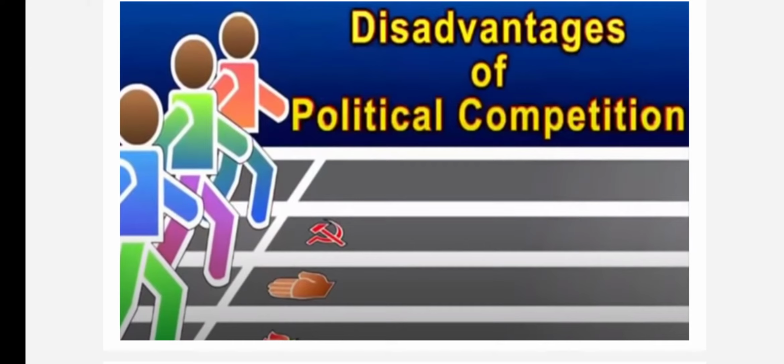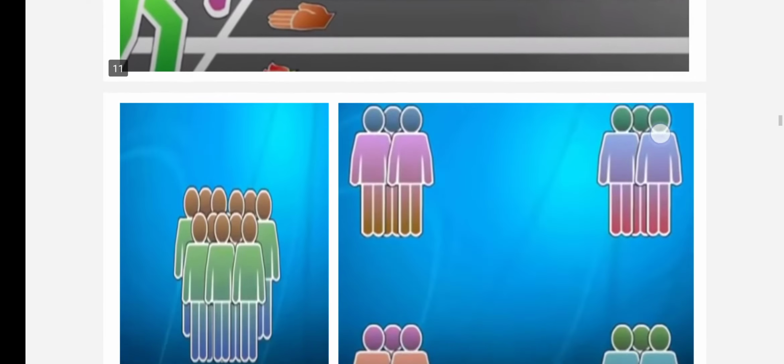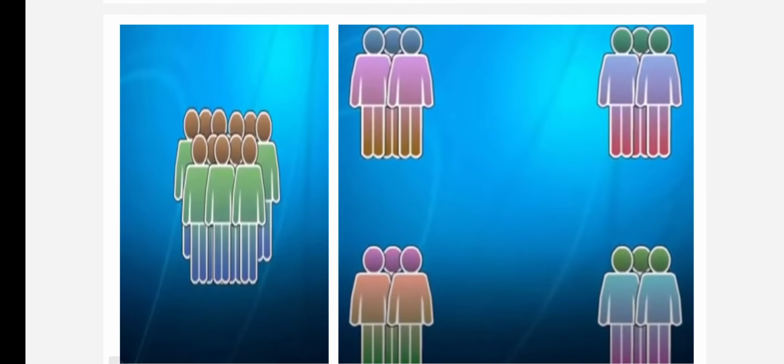The greatest impact of political competition is a sense of disunity that arises among different political groups across the different localities. So people begin to point fingers at each other for the simplest issues. For example, if they have a small issue or small differences, they say it is your fault, because of your government this happens. Like this, they point fingers at each other.